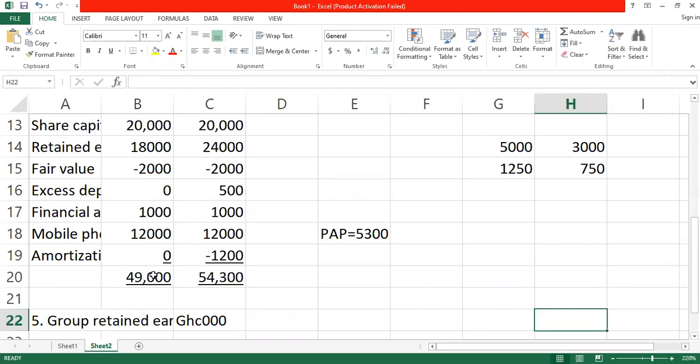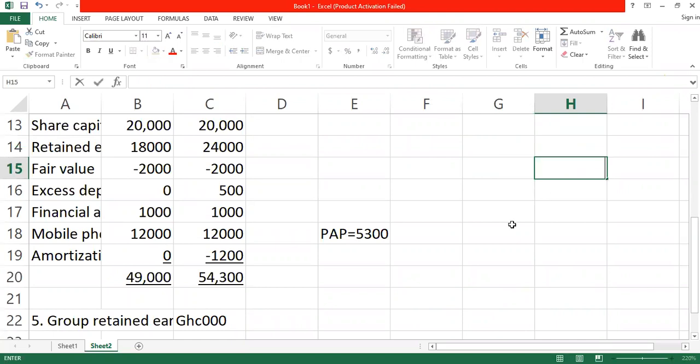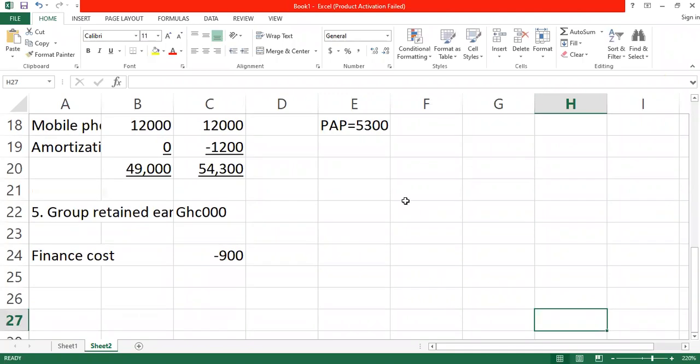Assuming we are using the proportionate share, where we find 25% of the net asset at acquisition, what should have been the value of the NCI?